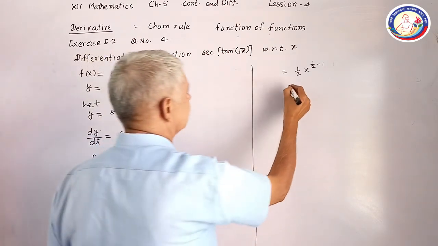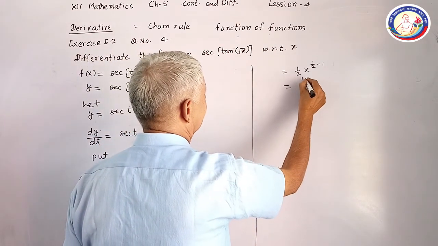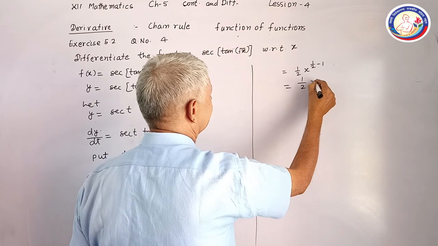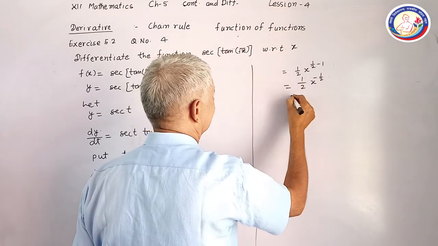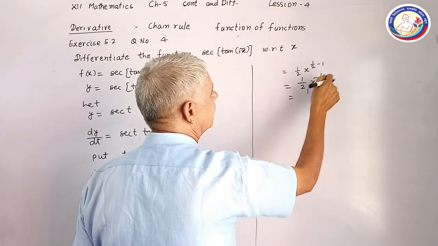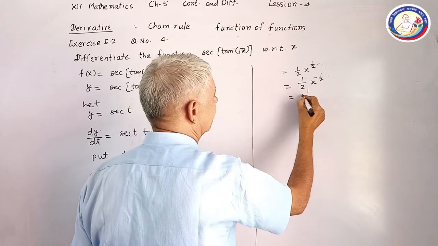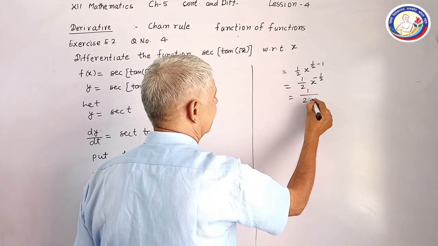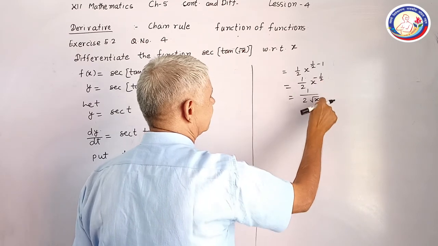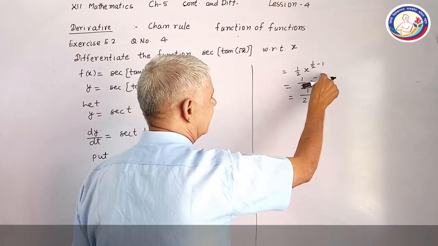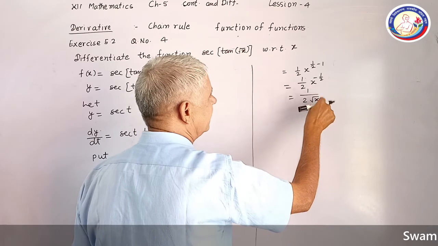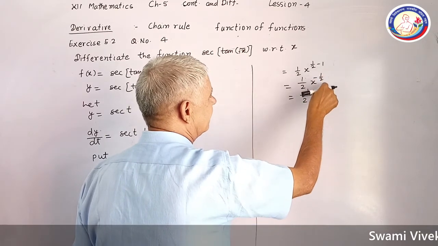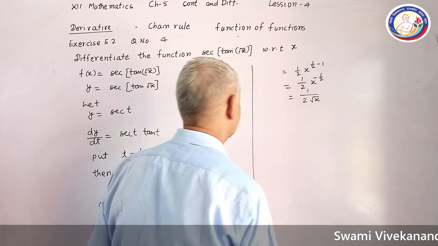That is 1 by 2 into x raised to power minus 1 by 2. Changing this into a positive power, it will be 1 by 2 root x, because it is positive here, negative here, so in the denominator it will be positive, and power 1 by 2 can be written as square root of x.